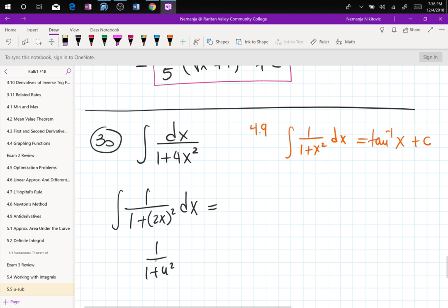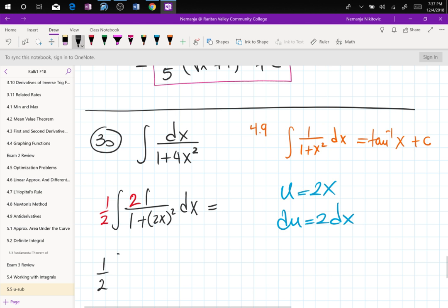So this mathematical manipulation allows us to use the u sub and create the arctangent answer. So what's the correct u sub over here? Correct u sub is u equals 2x, du equals 2 dx. I don't have the 2, so I'll fix that. Put 2 on top and 1/2 in front. And now do the rest. So now it's 1/2 integral.